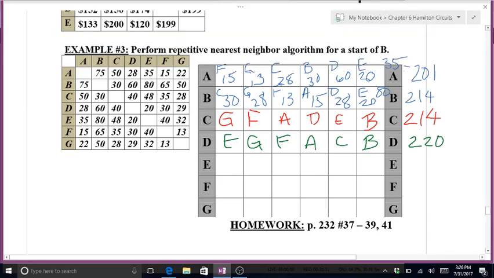Okay, so let's go back. We're starting at E this time.